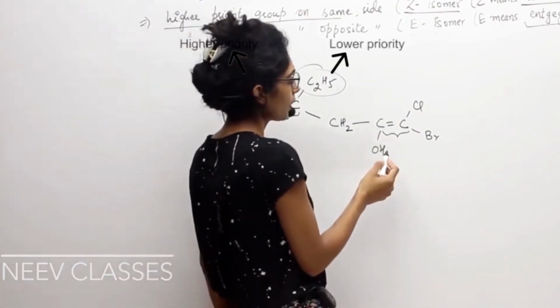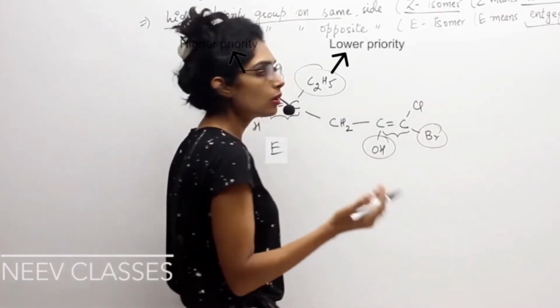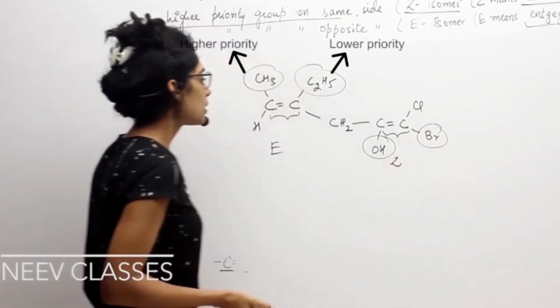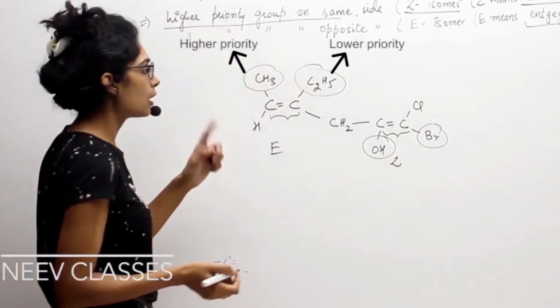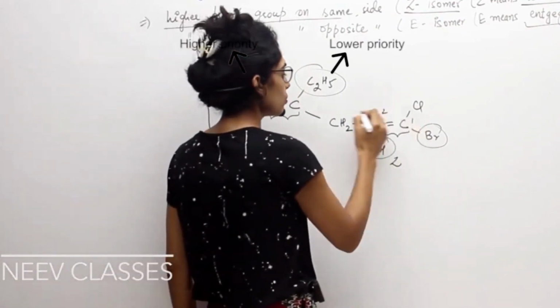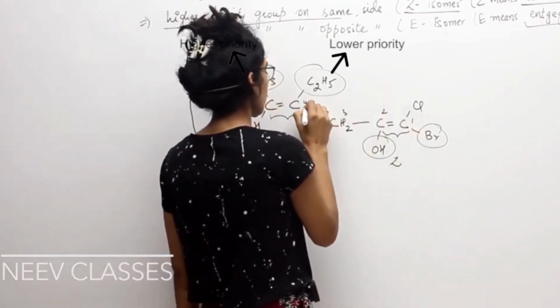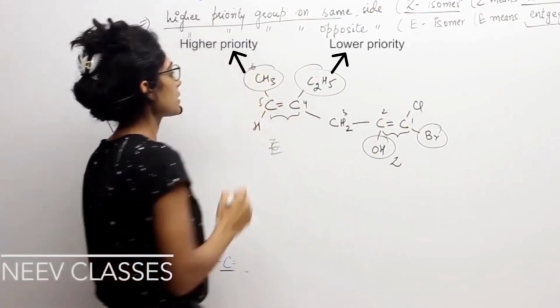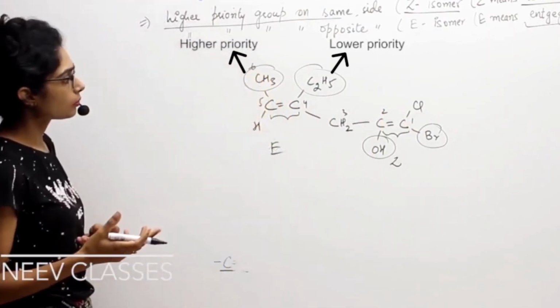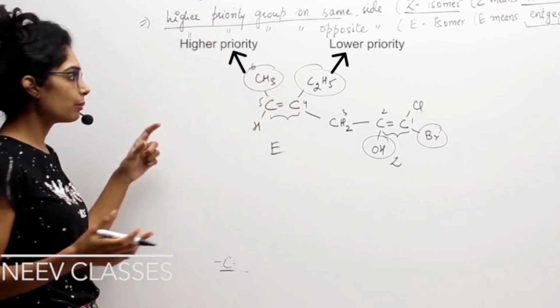And what about this? This is higher priority and this is higher priority. They are also together. So this is Z. Okay. So now if I number the chain, I'll start numbering from here. 1, 2, 3, 4, 5, and 6. That's how it will be numbered. Correct? I mean, if I have to name the molecule.